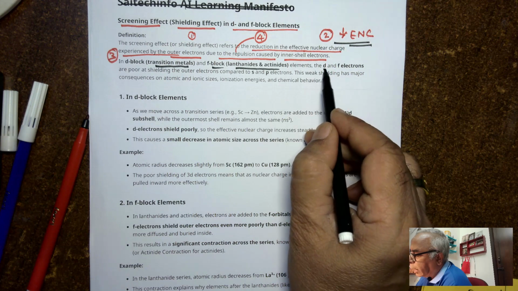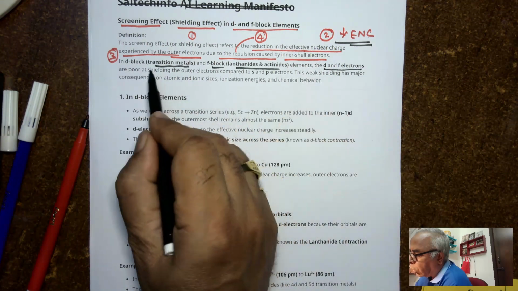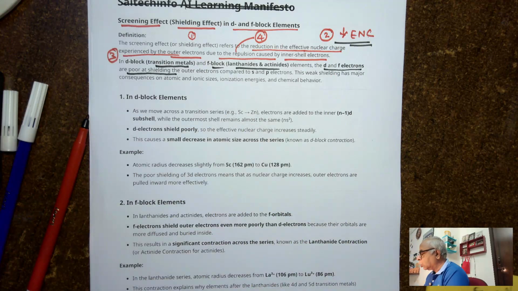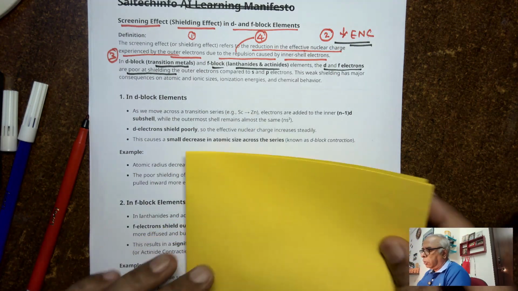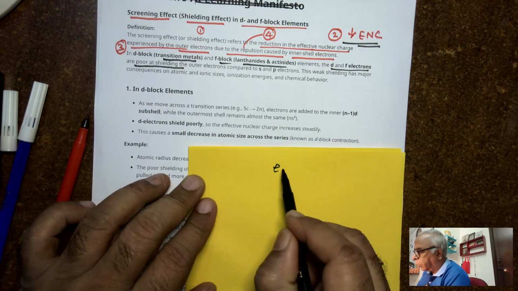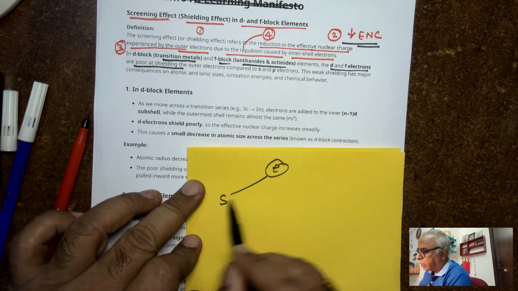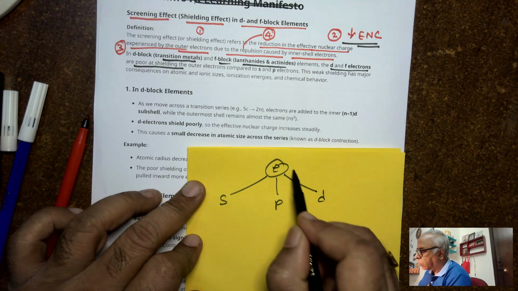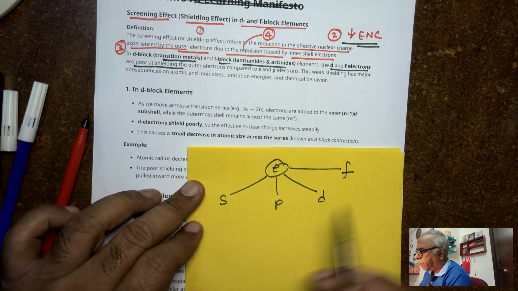So the D and F electrons are poor at shielding effect. So we have four types of electron here. What are the types? S electron, P electron, D electron, F electron.